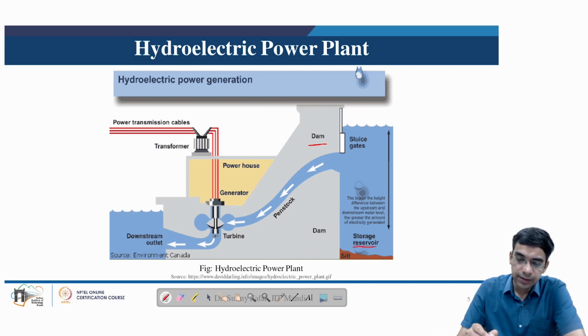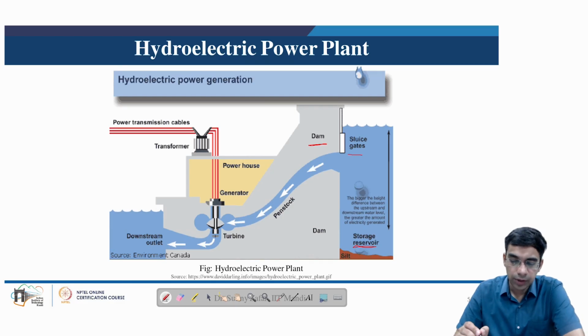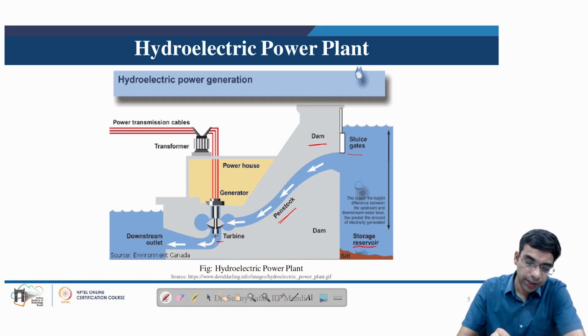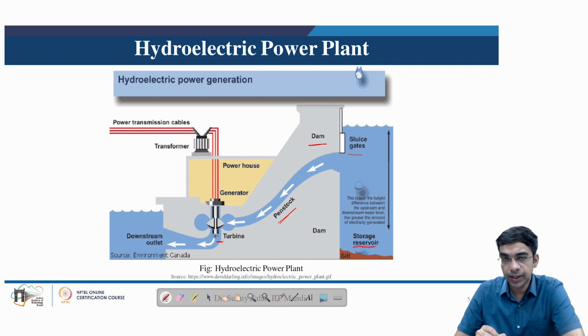So the sluice gates in the dam control the flow of water to the turbine through the penstock. So penstock is basically a tube through which the water flows from the dam or the reservoir to the turbine. So here is basically the turbine installed, and this turbine can be chosen based on what is the water head and what is the flow available of the water.